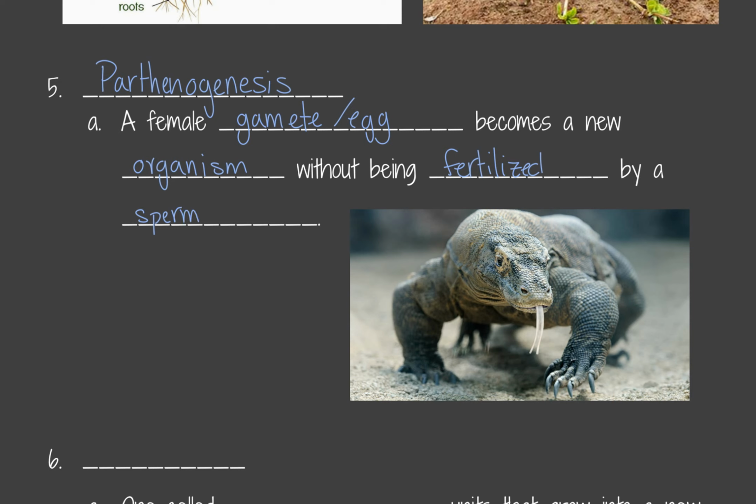So usually in sexual reproduction, that female egg cell has to be fertilized by a sperm cell in order for an organism to develop. But when parthenogenesis takes place, that is not necessary. And this is extremely rare, but it has been shown to happen occasionally in Komodo dragons, where a female Komodo dragon can just grow a new organism out of a cell without that egg cell needing to be fertilized.